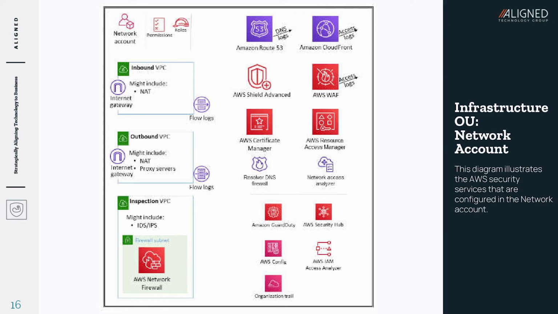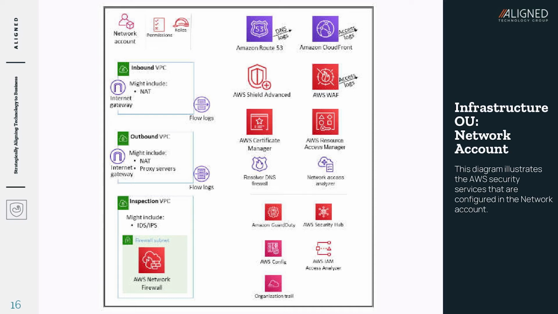AWS Shield offers just your standard distributed denial of service protection at no cost. It's enabled by default at no cost, with an option to enable Shield Advanced, to protect Route 53 resources as well as applications running on other resources such as CloudFront distributions, EC2 instances, or any workload sitting behind an elastic load balancer.